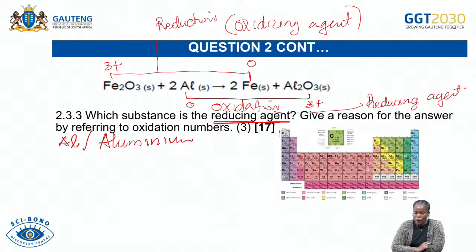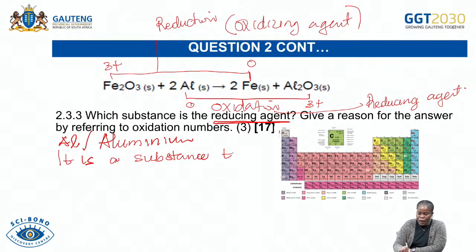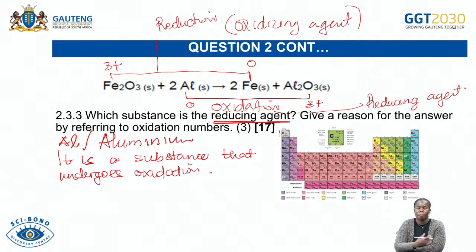Give the reason for the answer. Why are we saying it is aluminium? Why is aluminium a reducing agent? Because it is a substance that undergoes oxidation. Okay, as simple as that.